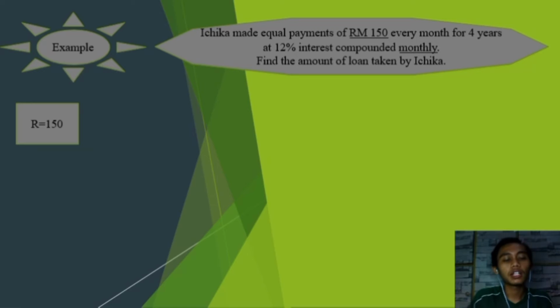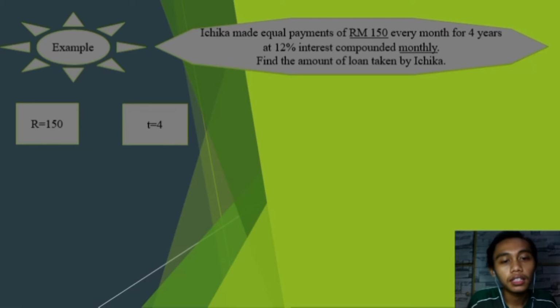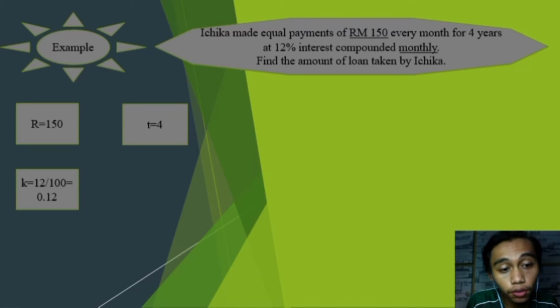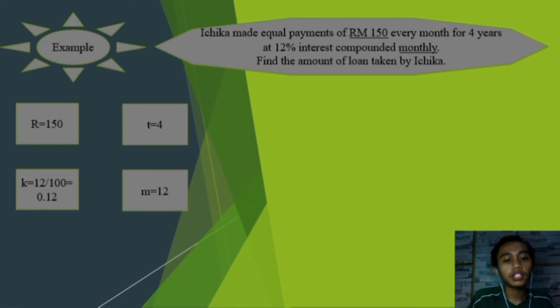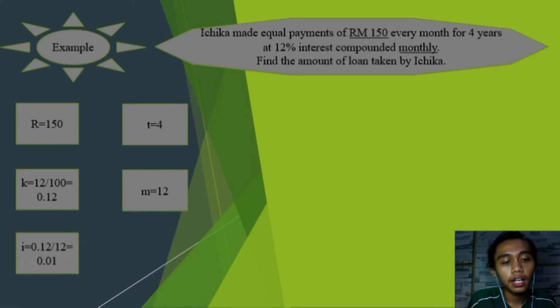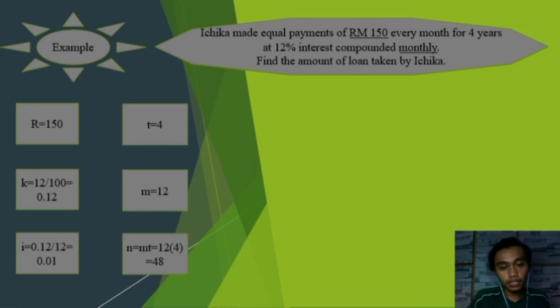R is 150, T is 4, K is 12 divided by 100 is 0.12, M is 12, i is 0.12 divided by 12 equals 0.01, n is M times T equals 12 times 4, which is 48.